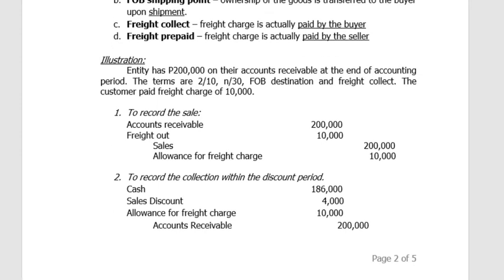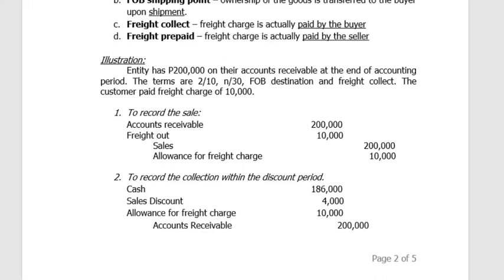Next, to record the collection within the discount period. So kung halimbawa nagbayad na yung buyer at within the discount period, ibig sabihin within 10 days, how do you recognize it? Of course, you will credit accounts receivable. Tanggalin mo na yung buong amount ng accounts receivable para ma-eliminate yung receivable account, 200,000. Next, you recognize the discount.